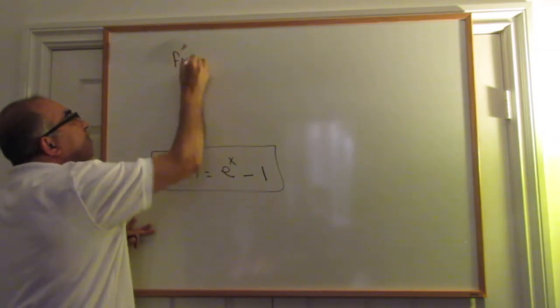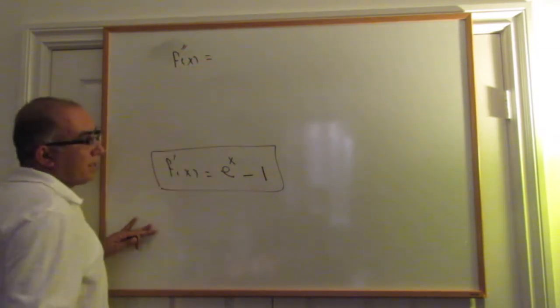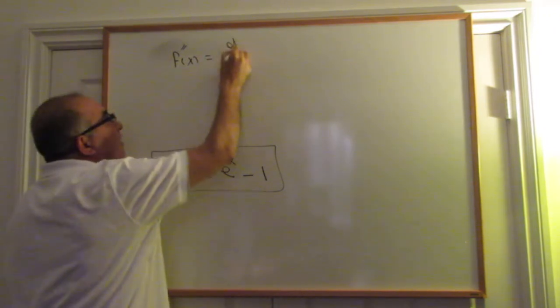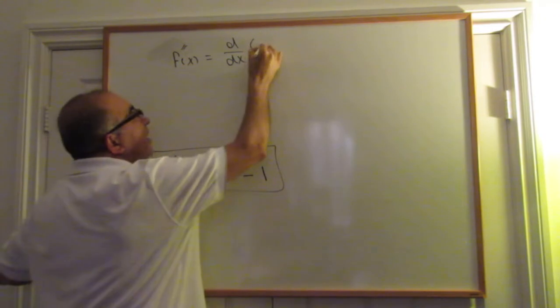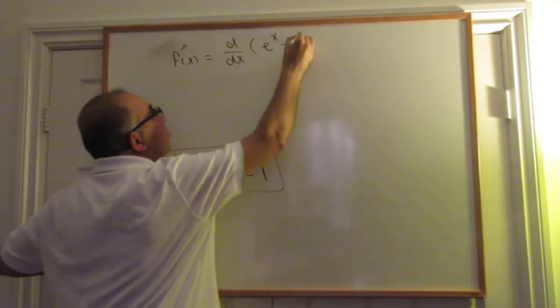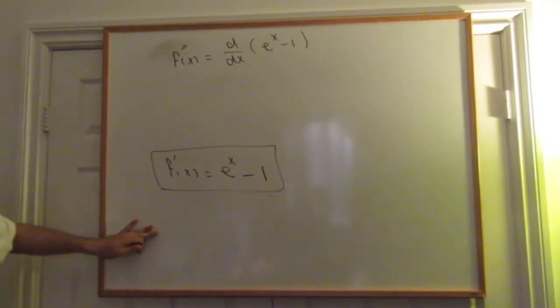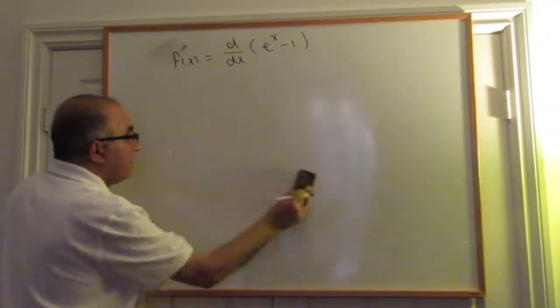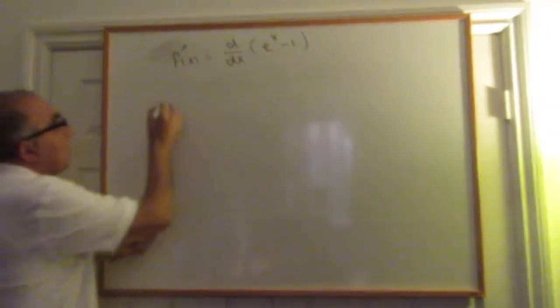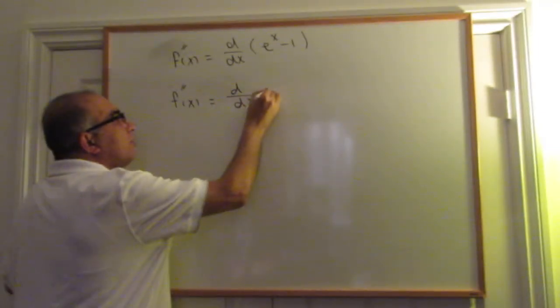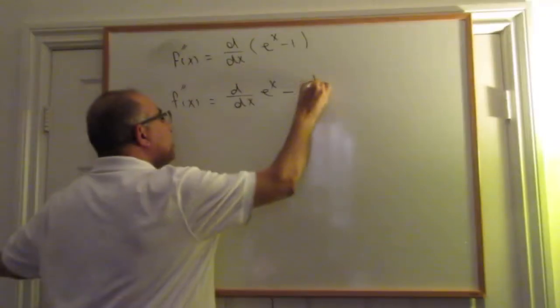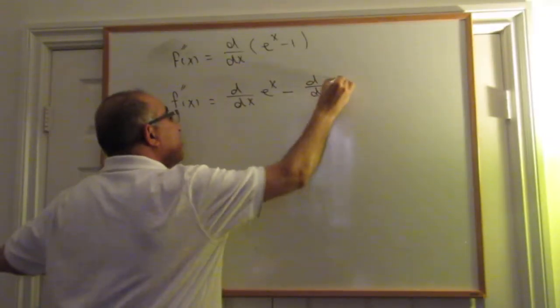F double prime of x equals d over dx of this function, e to the x minus 1. Now f double prime x equals d over dx of e to the x minus d over dx of 1.